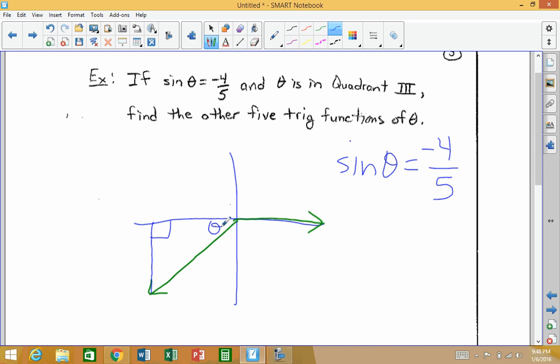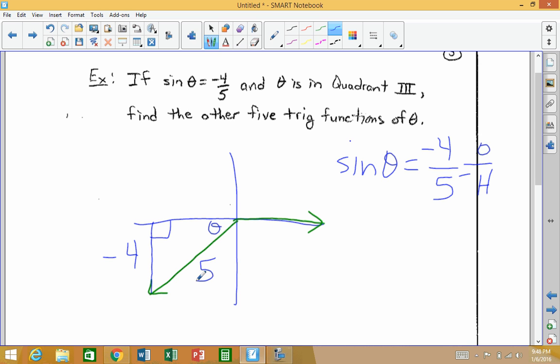Label theta. And now we can talk about the sides in terms of opposite and hypotenuse for sine. So opposite over hypotenuse. So the opposite side would be negative 4. Hypotenuse is 5.